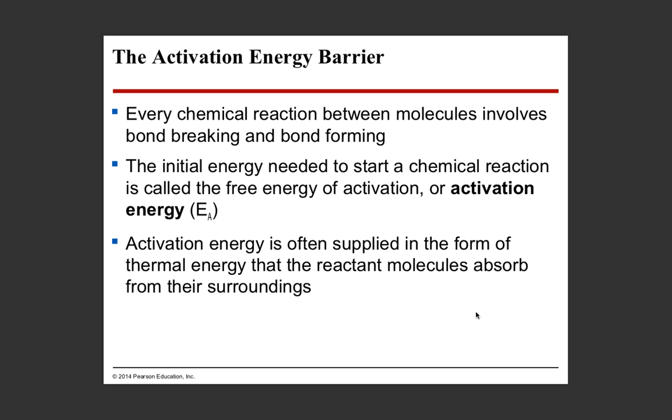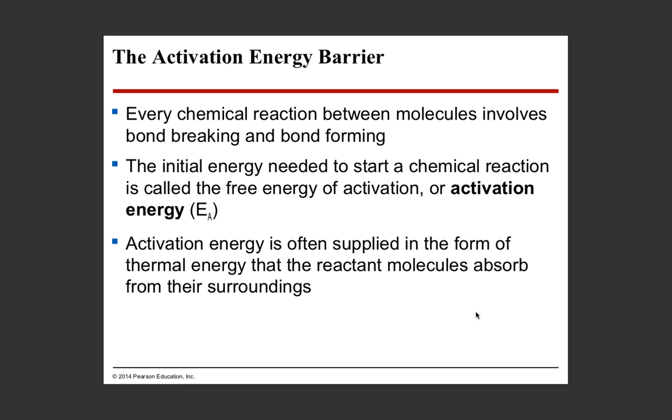The activation energy is supplied in the form of thermal energy, some sort of heat typically, that the reactant molecules absorb from the surroundings. So if we can lower that, the reaction doesn't have to wait around very long for all of these reactants to absorb energy in order to get to a higher energy state and then start the reaction, okay?